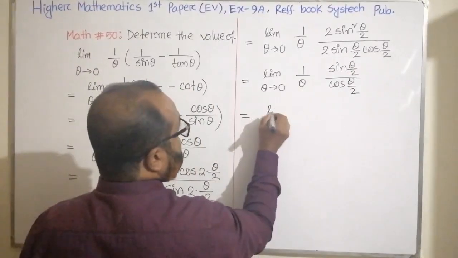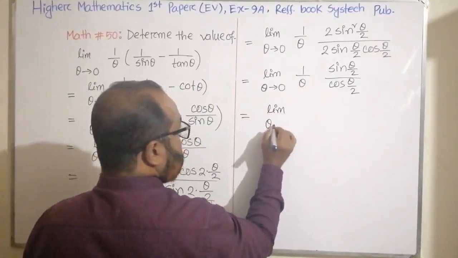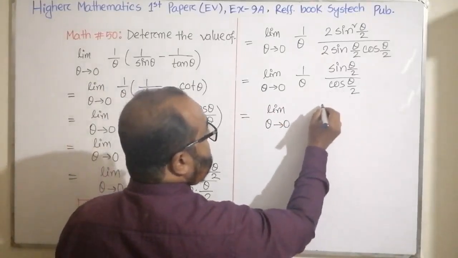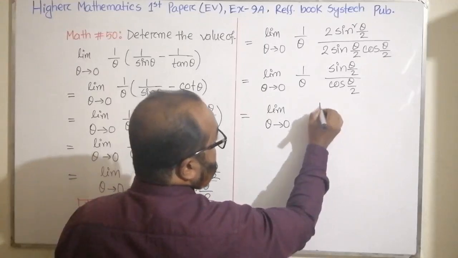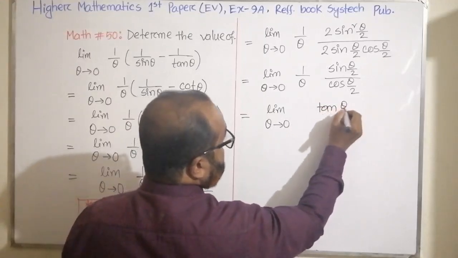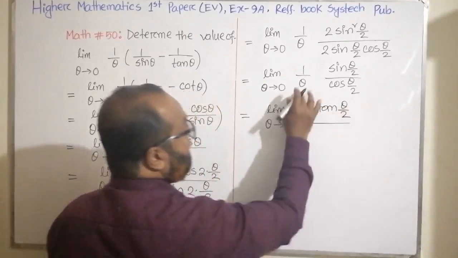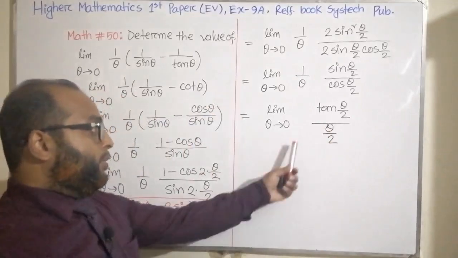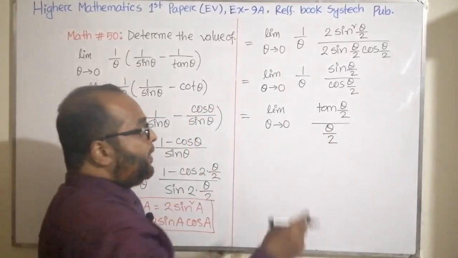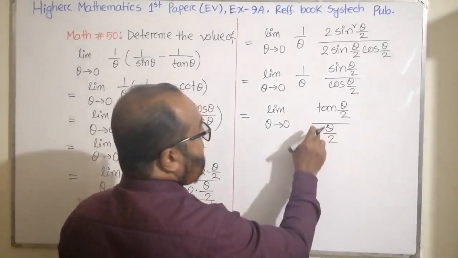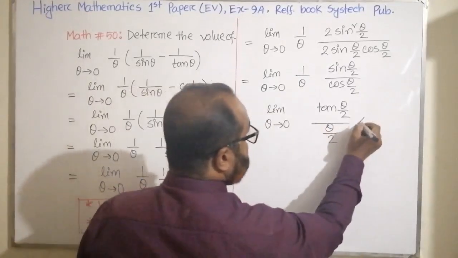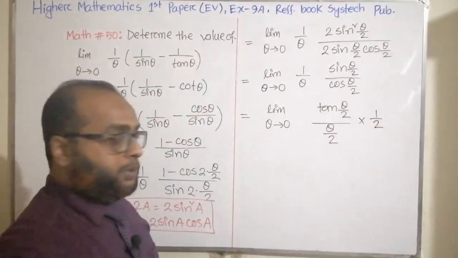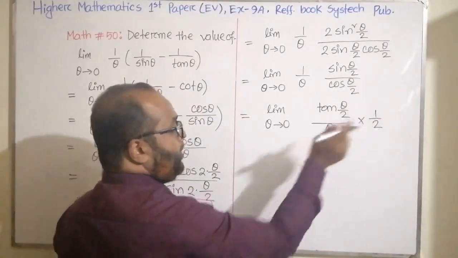This equals limit theta tends to 0, and here tan theta by 2. We can write this theta as theta by 2 for matching the formula. Here this is our previous theta and this 1 by 2 is extra. To balance this expression we have to multiply by 1 by 2.